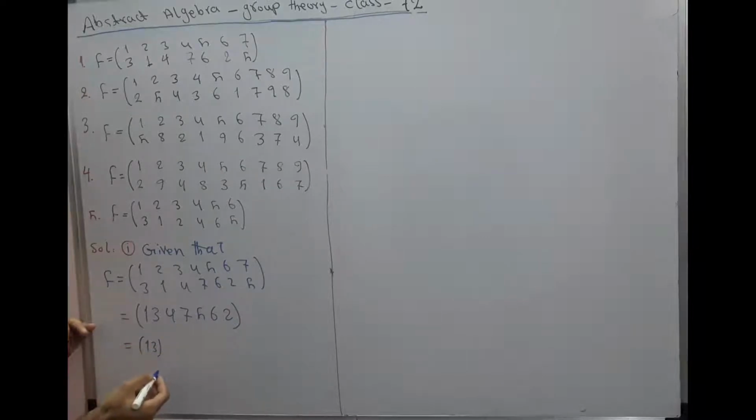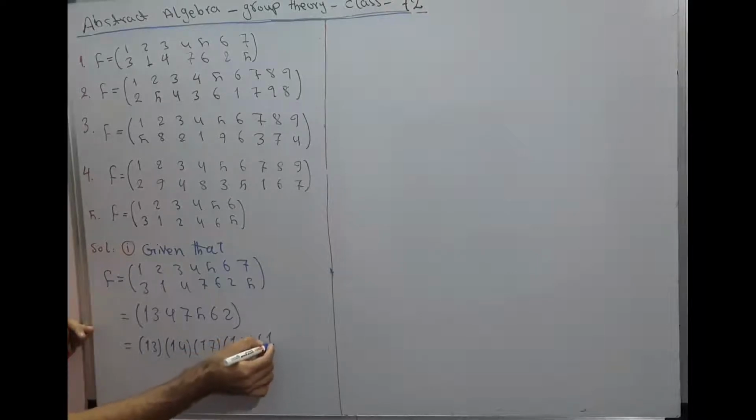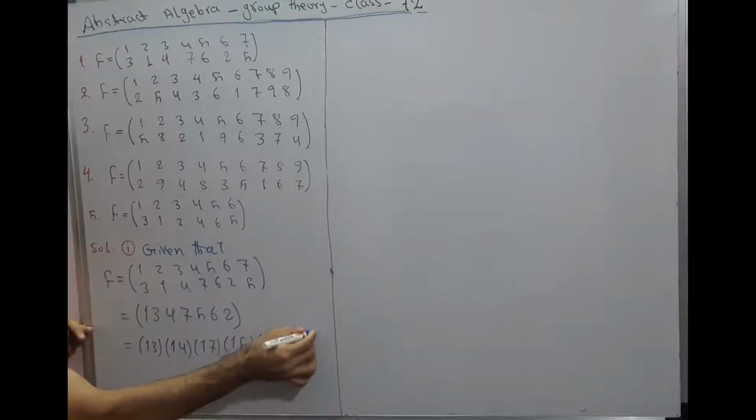Now it is equal to (1 3 4 7 5 6 2). We want to write it as a product of transpositions: (1 3)(1 4)(1 7)(1 5)(1 6)(1 2).